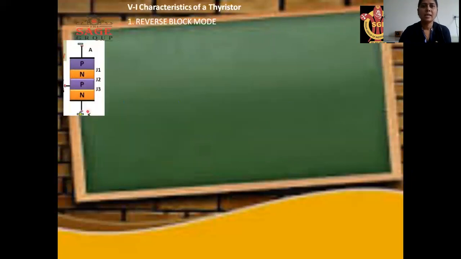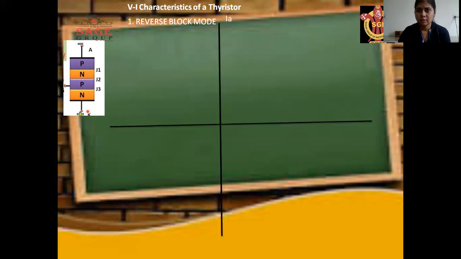So we can see here the characteristics diagram of the reverse blocking mode, forward blocking mode, as well as forward conduction mode. Firstly, this is the anode current, and the horizontal line shows the anode voltage. First we talk about the reverse blocking mode.